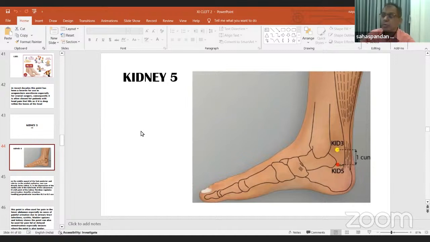So use of this point: it is used for uterus prolapse.